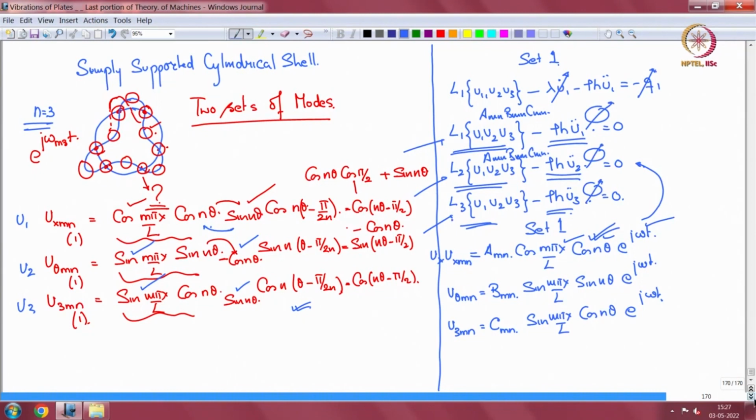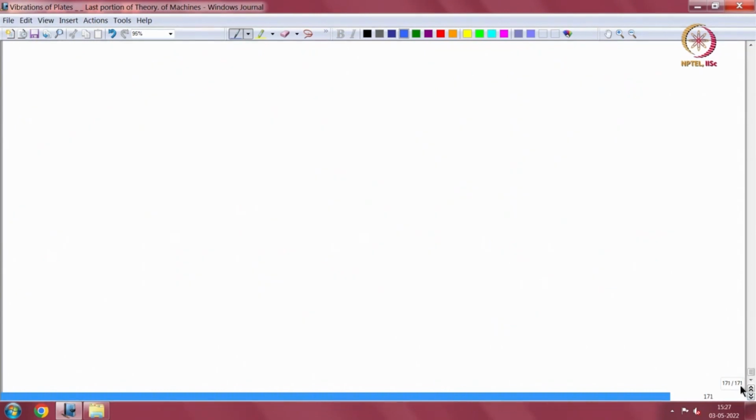So what happens now, if you do that, you will get a matrix that looks like this. There will be some terms depending on E, rho, H, mu, etc. Then you will have rho H omega mn square here, and this will be A mn, B mn, C mn mode by mode, and this will be 0.